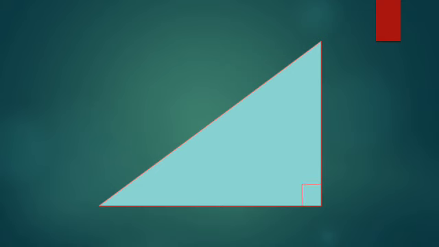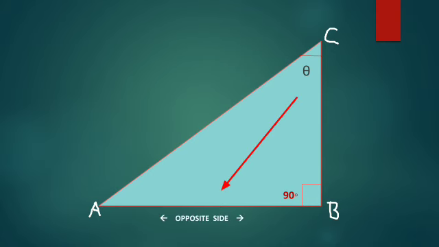by drawing again a right triangle. Take a right triangle, where 90 degrees will again be at one vertex, and name the triangle A, B and C. Here B will be 90 degrees as you saw before. Now forget about the angle A, let's concentrate on angle C. So angle C is here representing theta.